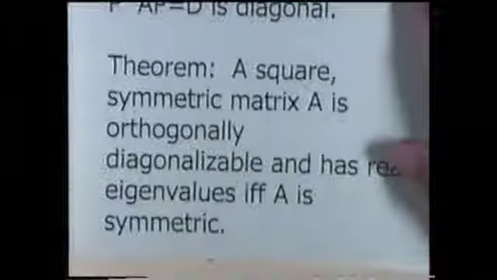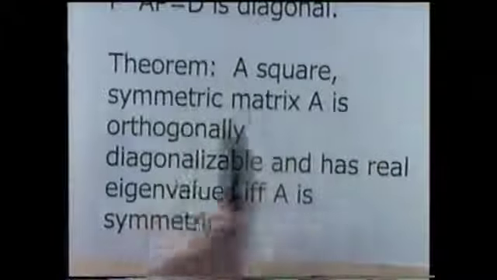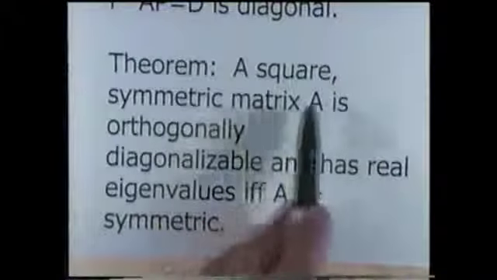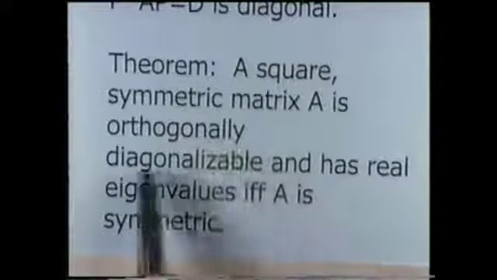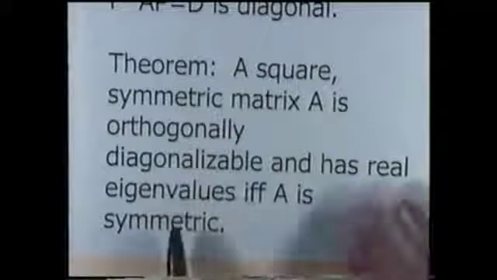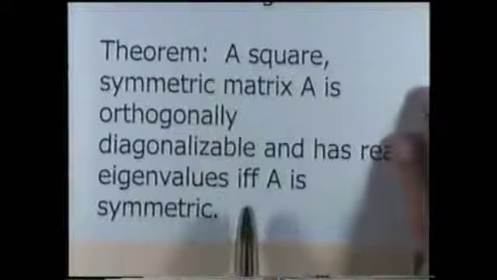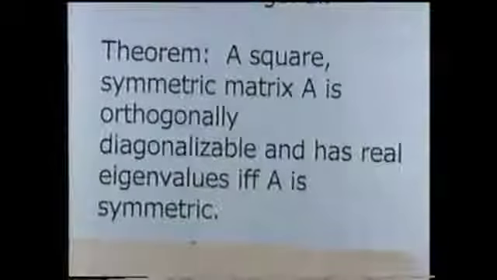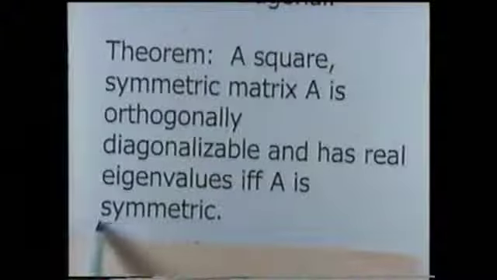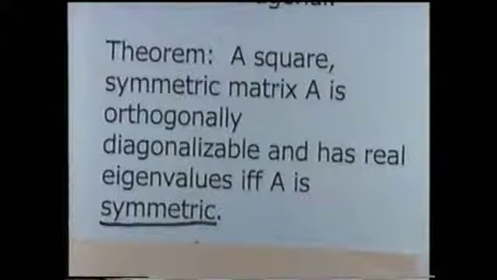Well, here's where the square matrix comes in again. A square matrix A is orthogonally diagonalizable and has real eigenvalues if and only if A is symmetric. So this is something special about symmetric matrices.